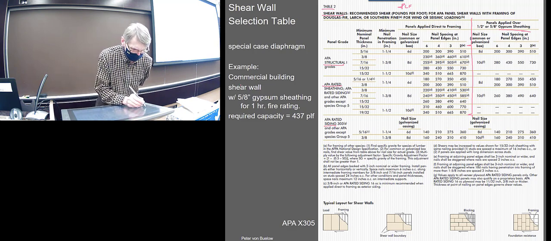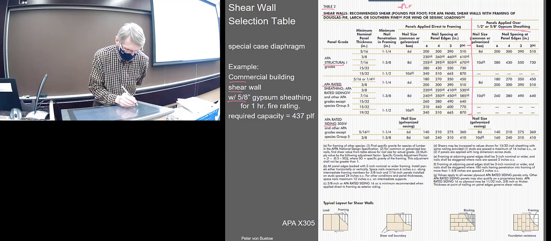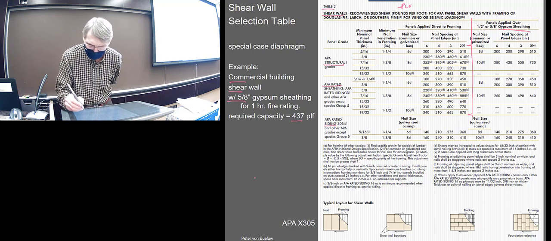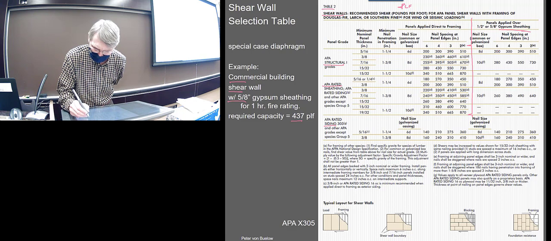So, okay, if we were doing a commercial building, I guess here, shear wall with gypsum for a fire rating, and we're required to get 437 PLF. Okay, let's see if we can do it. That's going to be quite a bit.